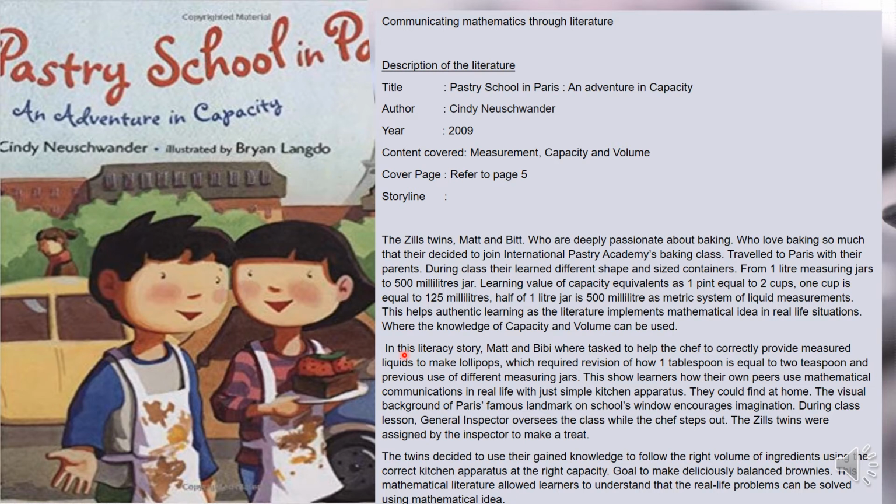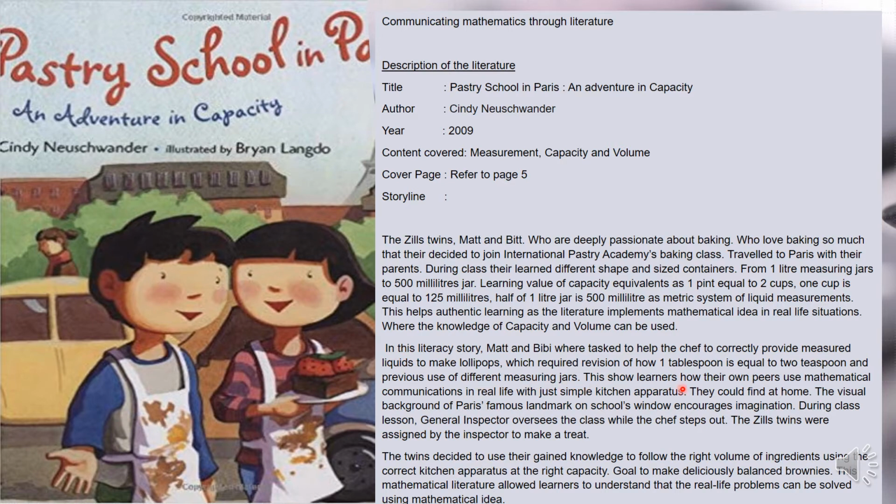In this story, Matt and Pitt were tasked to help the chef correctly provide measured liquids to make lollipops, which required a revision of how 1 tablespoon is equal to 2 teaspoons, and of previous use of different measuring jars.